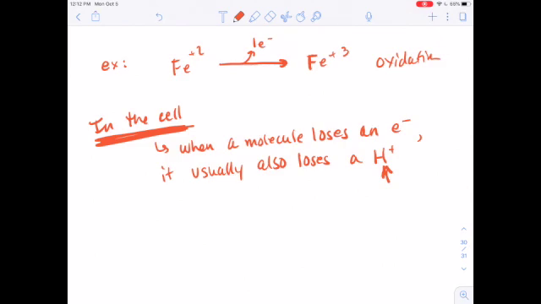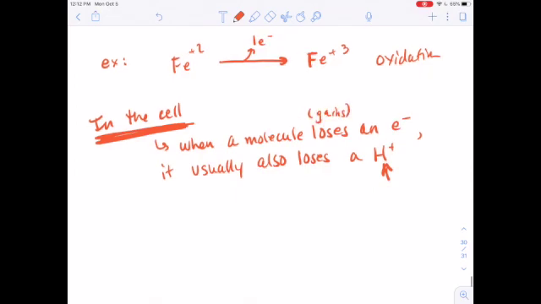We talked about that last time, or 1 or 2 lectures ago. And also, when a molecule gains an electron, it usually also gains a proton. This is just the way it happens in the cell. Electrons just don't move around in the cell too often, except with some major exceptions. But when a molecule loses an electron in a cell, it usually, almost always, also loses a proton.